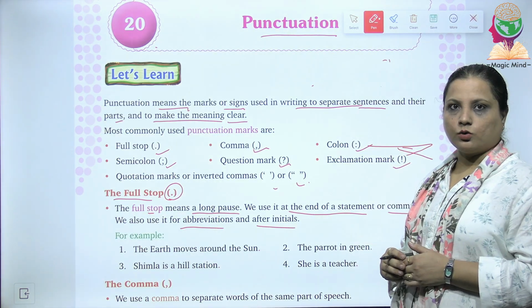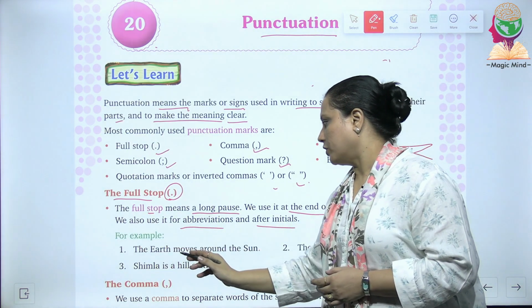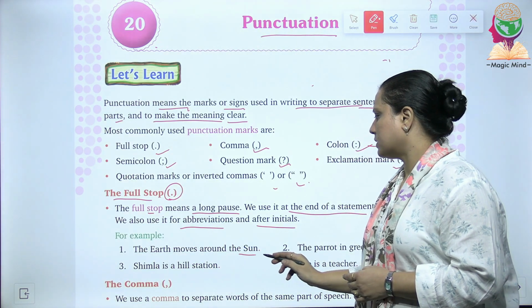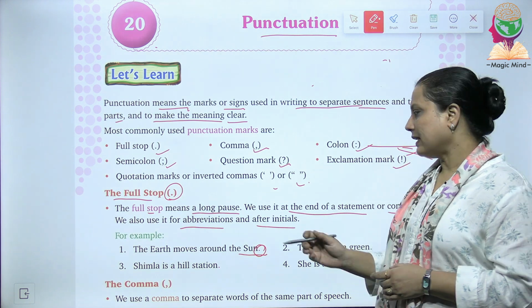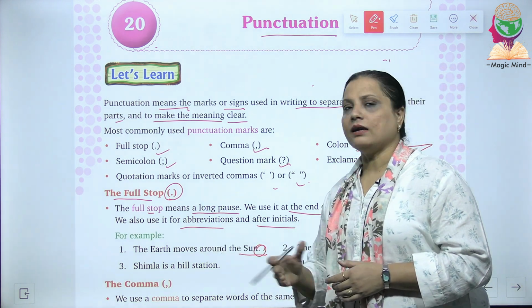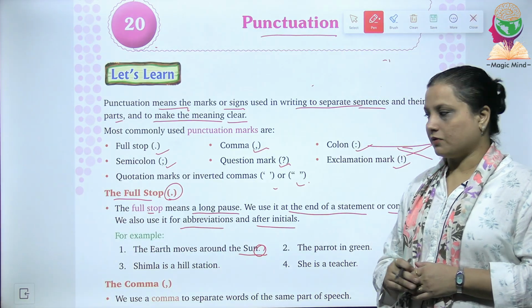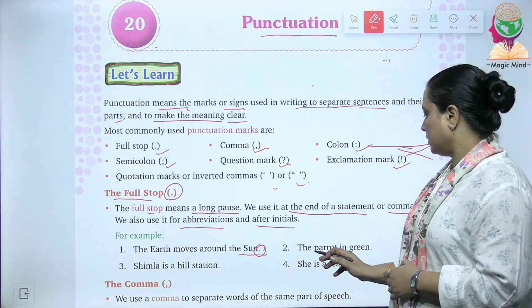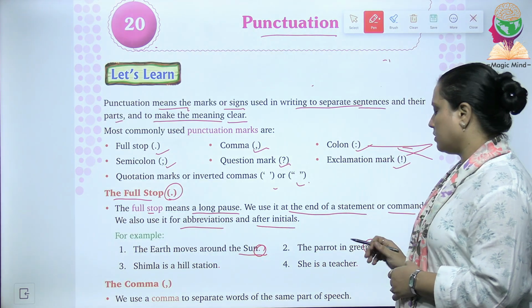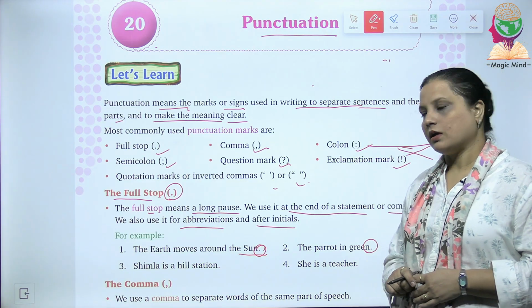The examples given over here are: The earth moves around the sun. This full stop over here is defining that this is a statement. The second example is: The parrot is green. Again a full stop at the end.